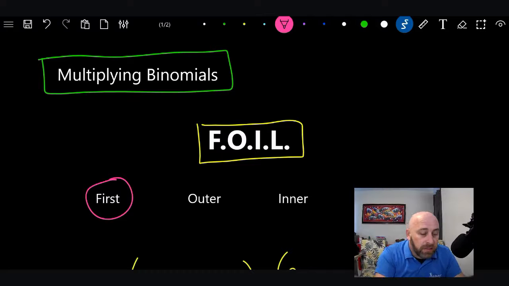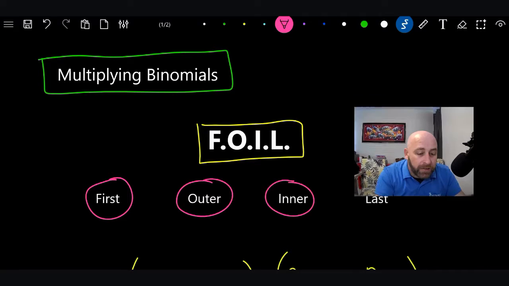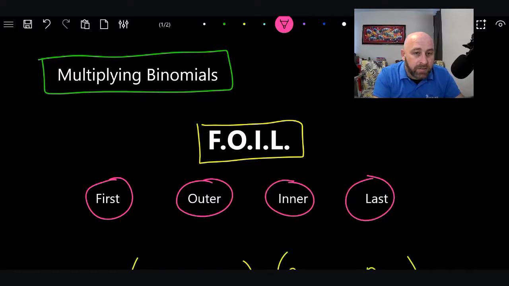First, outer, inner, last. First, F. Outer, O. Inner, I. L is for last. So FOIL: first, outer, inner, last.